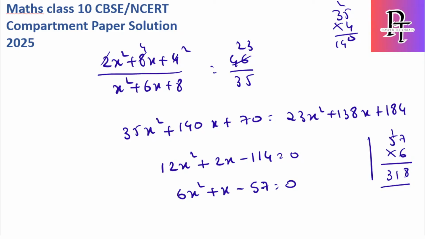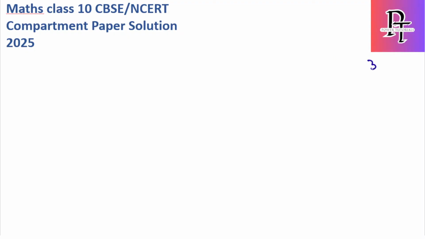So let's get the factors of 318, from which you will get the x value.